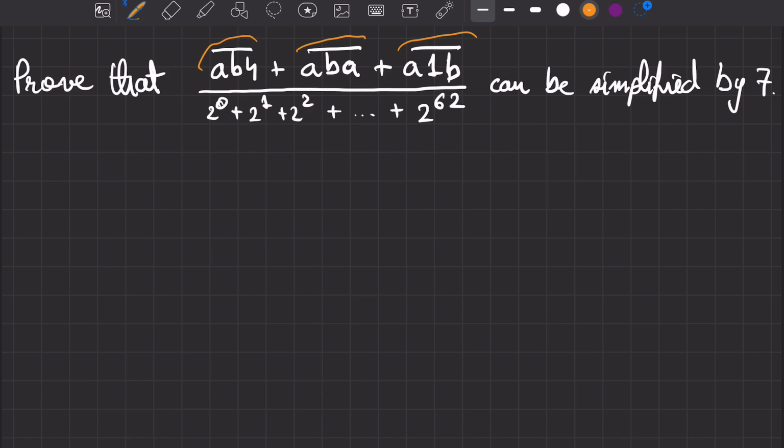First, we start with the denominator, as we've solved a similar problem before. 2 to the power of 0 plus 2 to the power of 1 plus 2 to the power of 2 plus ... plus 2 to the power of 62. We get that we have 63 terms in this sum because we start from 0 and end with 62.